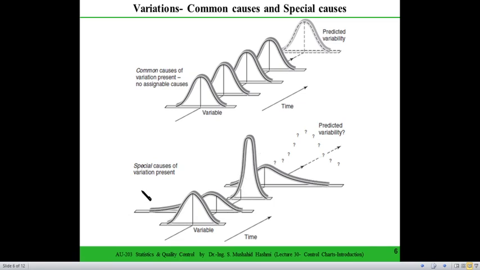If your process has such variations, where there is a certain reason or cause that could be assigned, we call it a special cause. In that case, future variation in the process is not predictable. So there is always a question mark about the behavior in terms of time, because once you observe this process, in future you cannot predict what will happen, because it is not a common cause but a special cause.